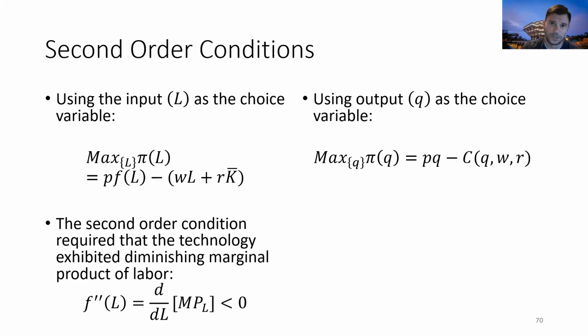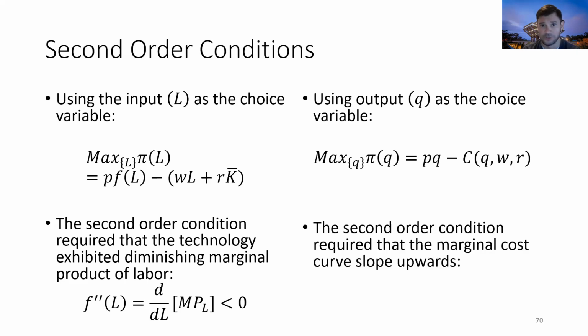In this case, we inspected the second order condition associated with the first order condition for optimization, and it really boiled down to the firm having a marginal cost curve that's sloping upwards. If we have marginal cost curves that slope upwards, or technologies that have diminishing marginal product, then we will have a reasonably defined profit maximizing solution to that problem.